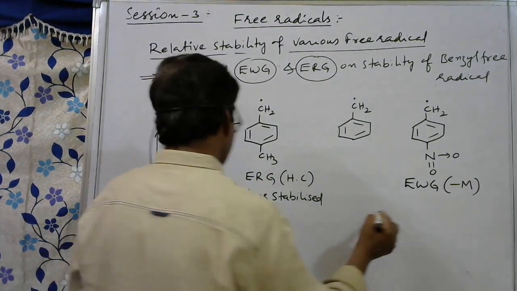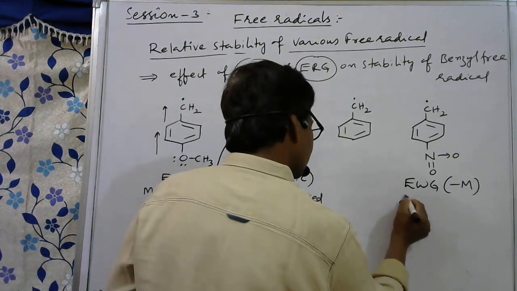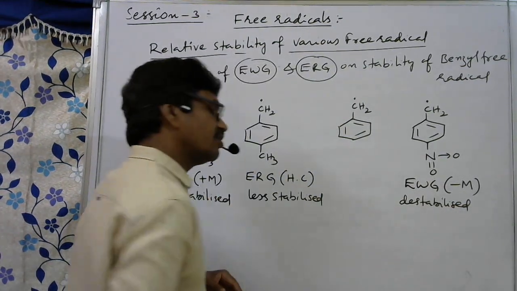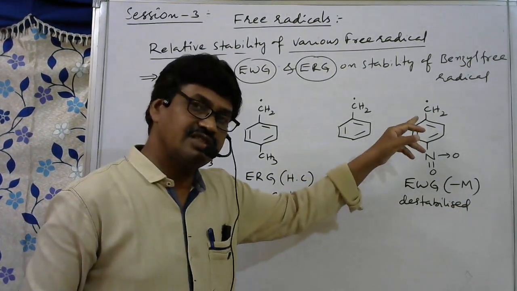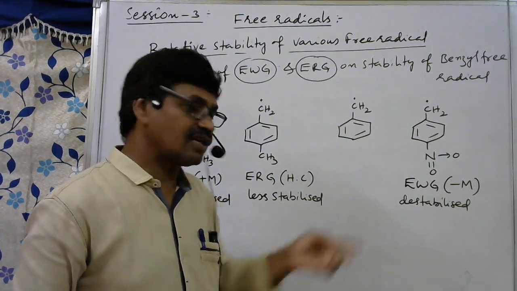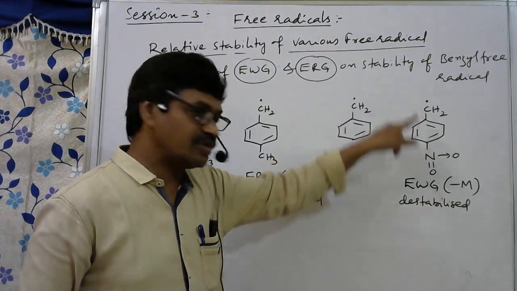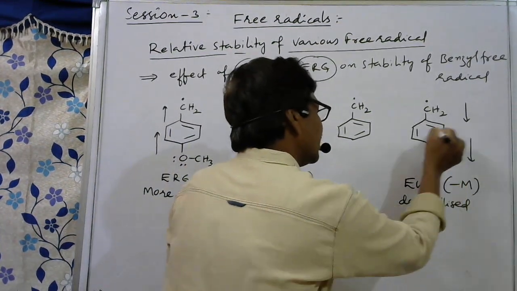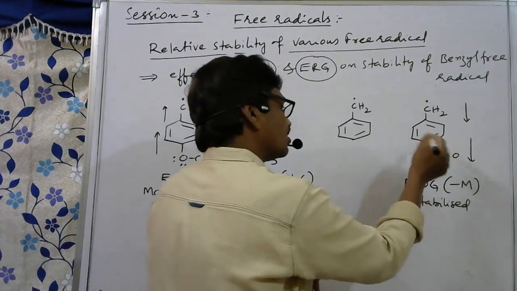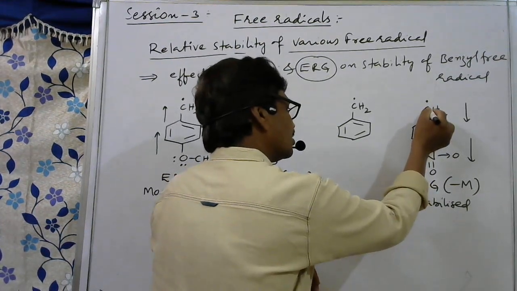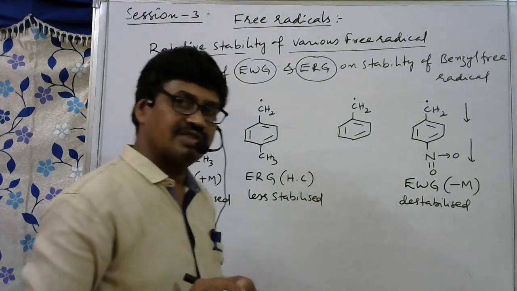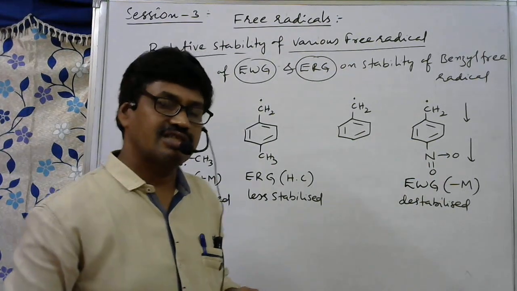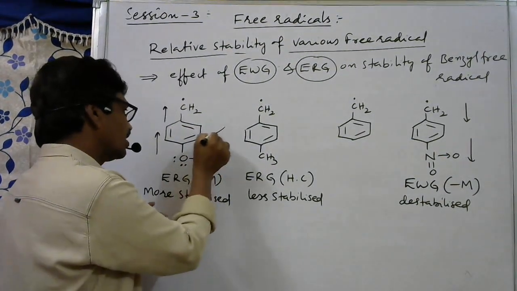So because of this, it is destabilized, because the electron deficiency on the CH2 increases. It is already electron deficient, and because of this group electrons are moving to the group. So the benzene is deactivated, and the deactivation is compensated again by taking electrons from this CH2. Already electron deficient, the electron deficiency increases again, so stability decreases. So what is the order of stability? We can write like this.